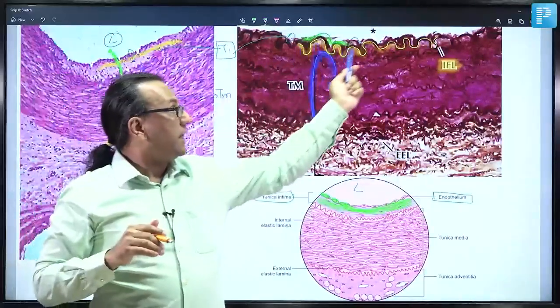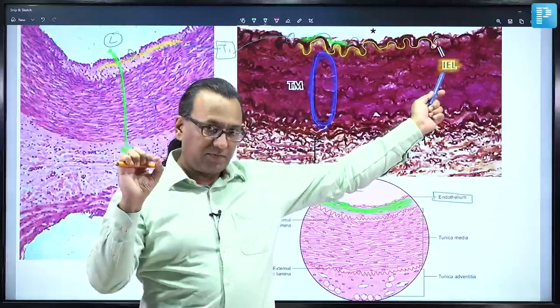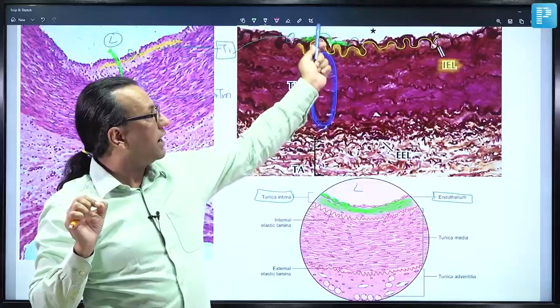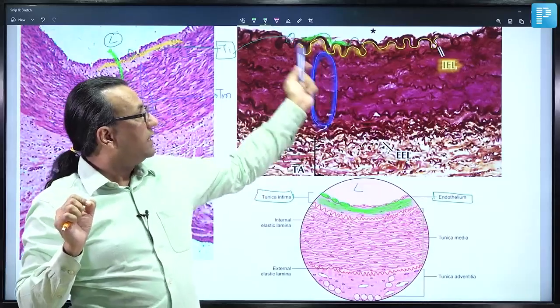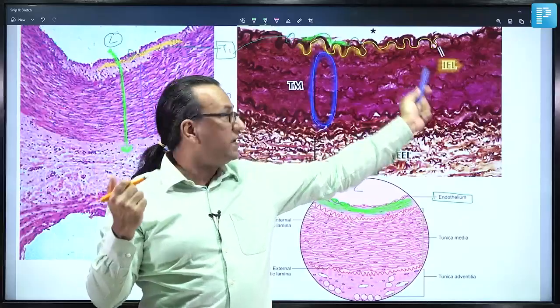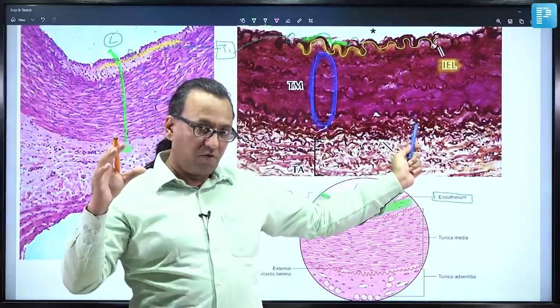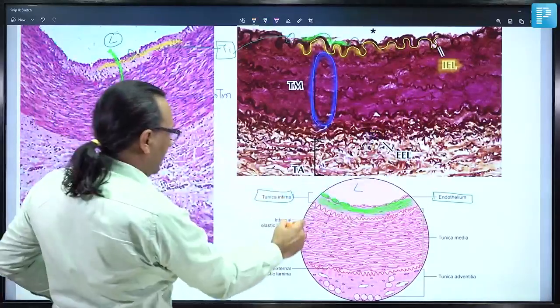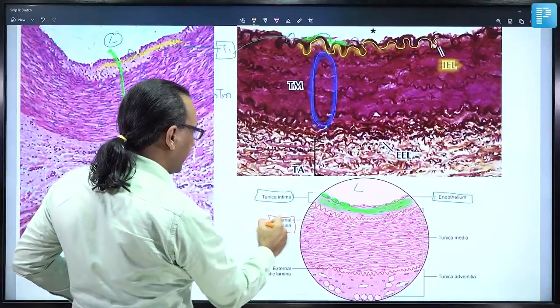So, the internal elastic lamina, which is made up of elastic fibers, is the boundary line between tunica intima and tunica media, and is more prominent in case of an artery, especially the muscular artery. So here it is shown, the internal elastic lamina.